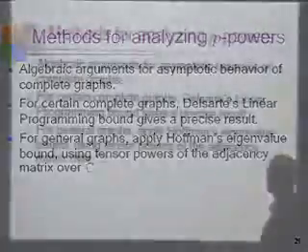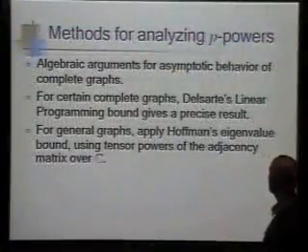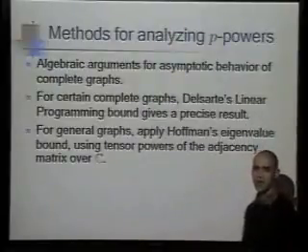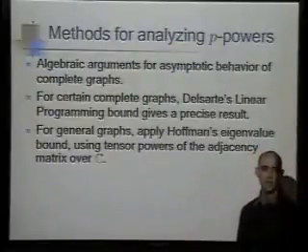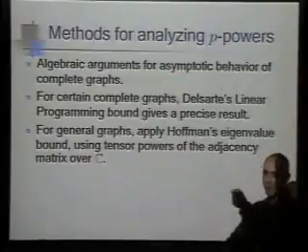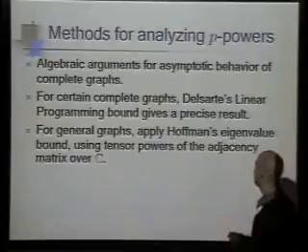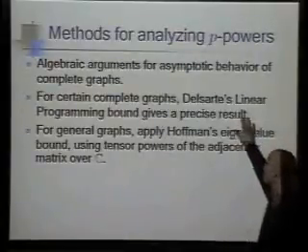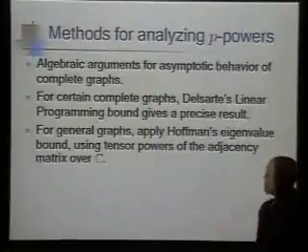The methods become much more complicated. We use Delsarte's linear programming bound. This is a lot of work with the Krawtchouk polynomials. It's a miracle that it works. You have to find the exact polynomial that fits all these constraints, and then you get a precise bound. So it worked once. And for the others, we have these asymptotic results here and here.